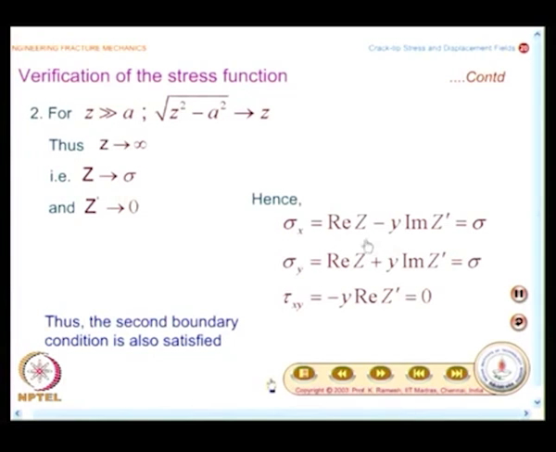I am having capital Z, I am satisfying what happened at the crack faces, and I am satisfying what happens at the infinity. So, that means it gives you a semblance that the solution what you get at this stage is valid for the entire field. It is also like a closed form solution.